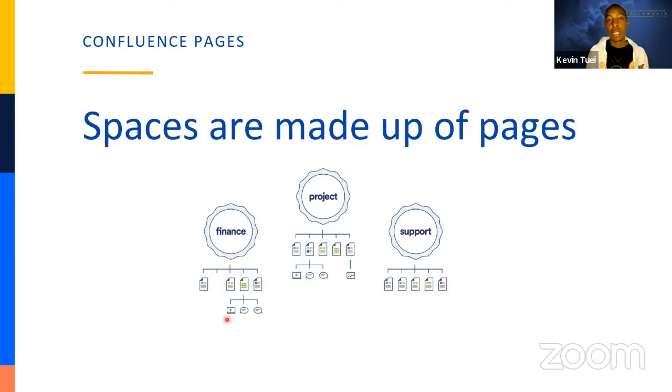Then finance, same case, different kinds of pages. For example, finance might have all the things that they need to do every month as a task sheet. Think of it like the way pilots follow a set of procedures before they take off and even before they land. It's like a playbook that they have to follow each and every time.